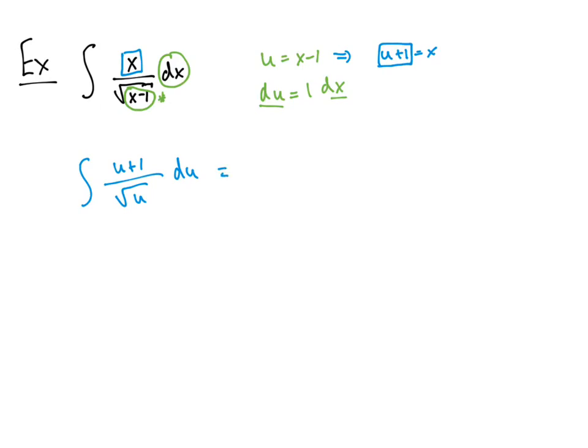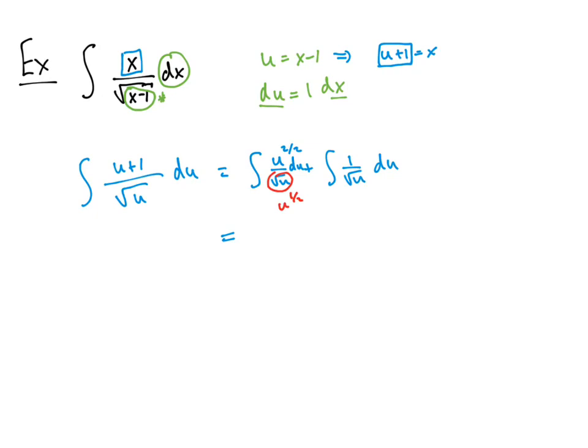What we want to do here is split this integral up into two separate integrals. So the integral of u over the square root of u du, plus the integral of 1 over the square root of u du, like this. That first integral, well, I have u to the 2 over 2 if I want, and then I can rewrite this as u to the 1/2.